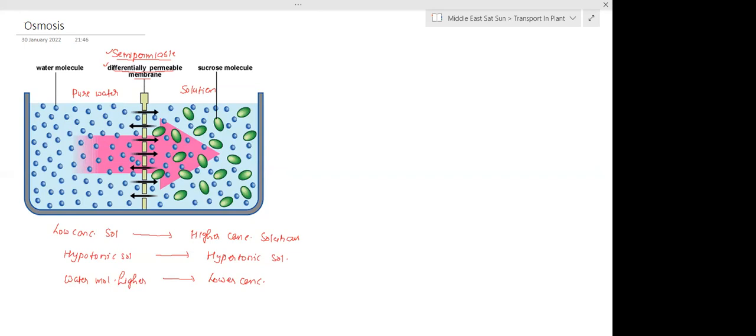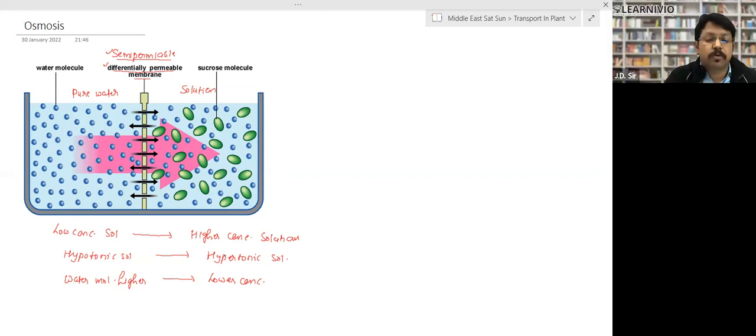So can you explain diffusion pressure? Look, these molecules have higher free energy, and these molecules have lower free energy. Why? Because these molecules do not have any sugar solution. Here the sugar solution is available, so these molecules will collide with sugar solution, hence their energy decreases.